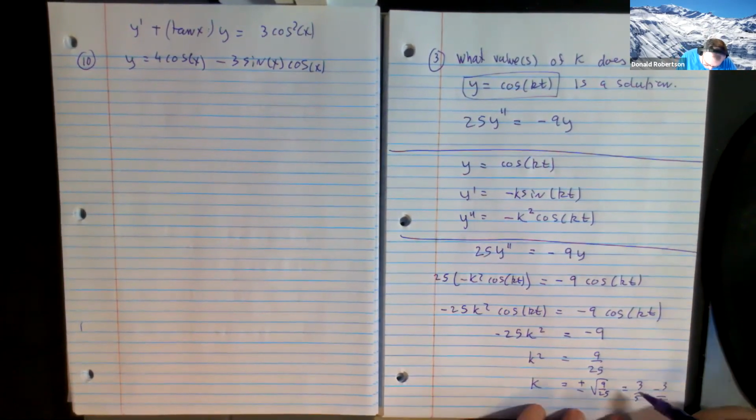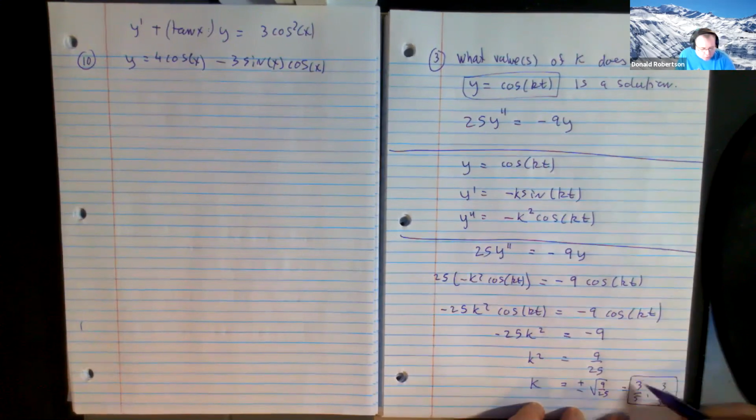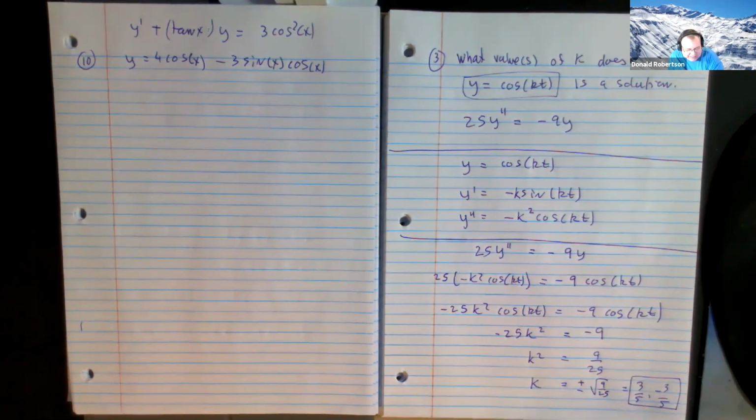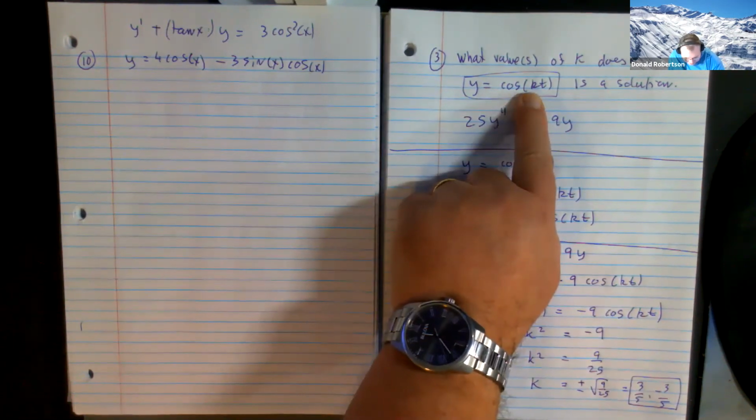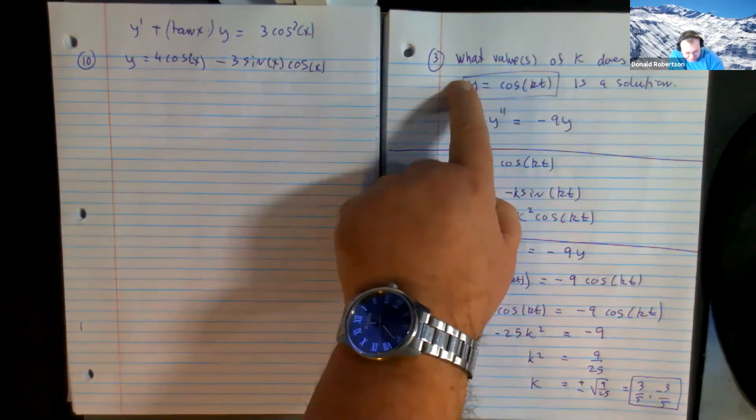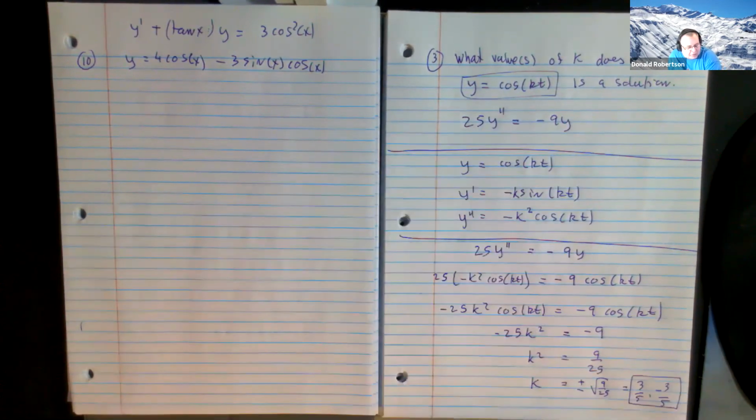And in the homework, there's a box and you put a comma between them, and it needs a comma or else it'll tell you you're wrong because it's awkward, but we follow the instructions and we put a comma in there. So only if that is 3/5 t or -3/5 t will this be a solution to that differential equation.